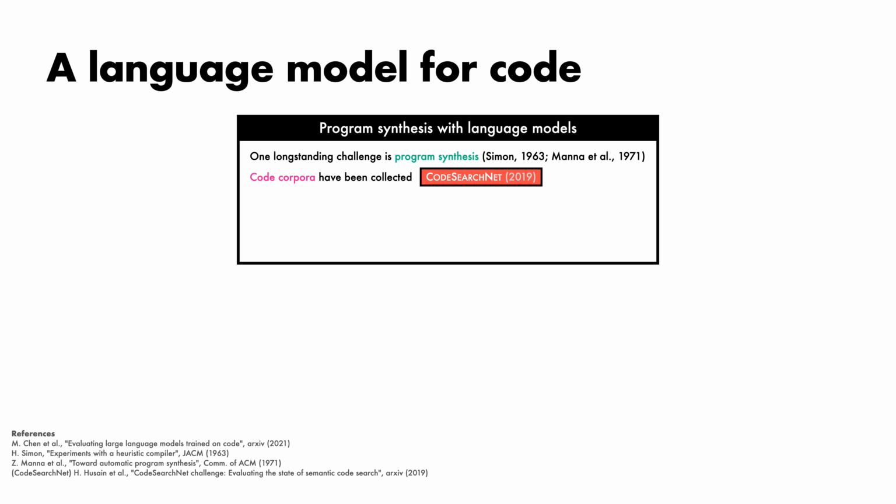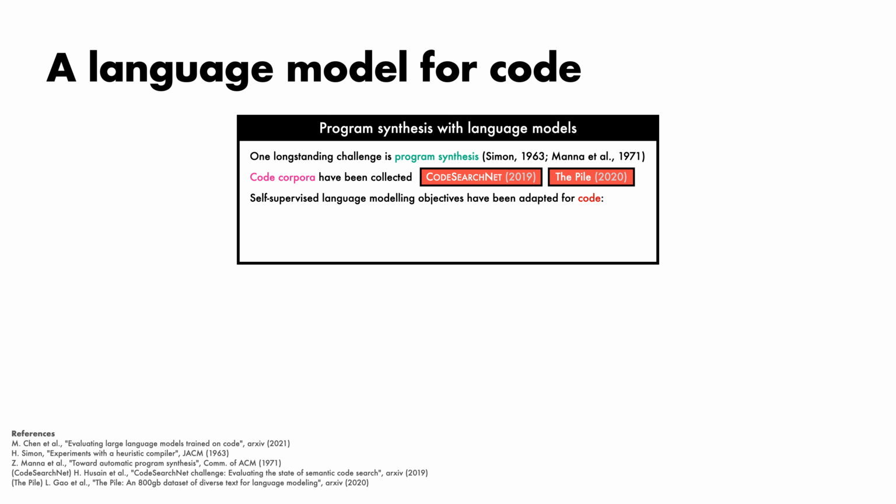functions from open source code repos, and the Pile, which includes, among other partitions, 95 gigabytes of code scraped from GitHub. These data sources have inspired works that have sought to adapt self-supervised language modeling objectives for both natural and programming languages.